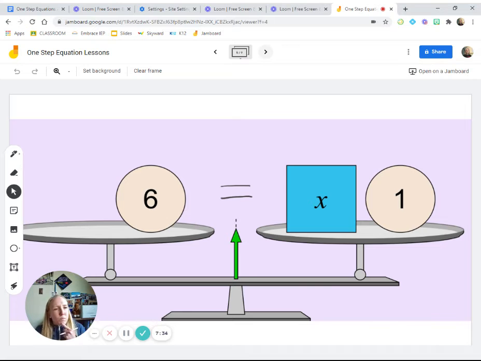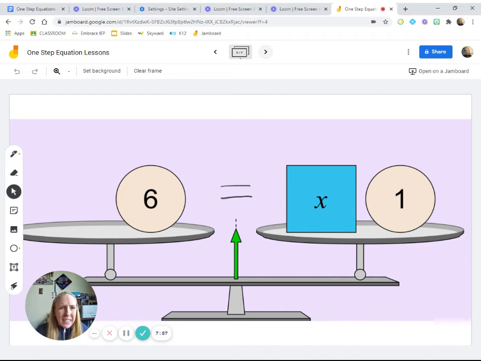Now we've got to figure out, if there's positive 6 over here, and then 1 plus something in this x box, what x would have to be to make that side even or equal to 6.